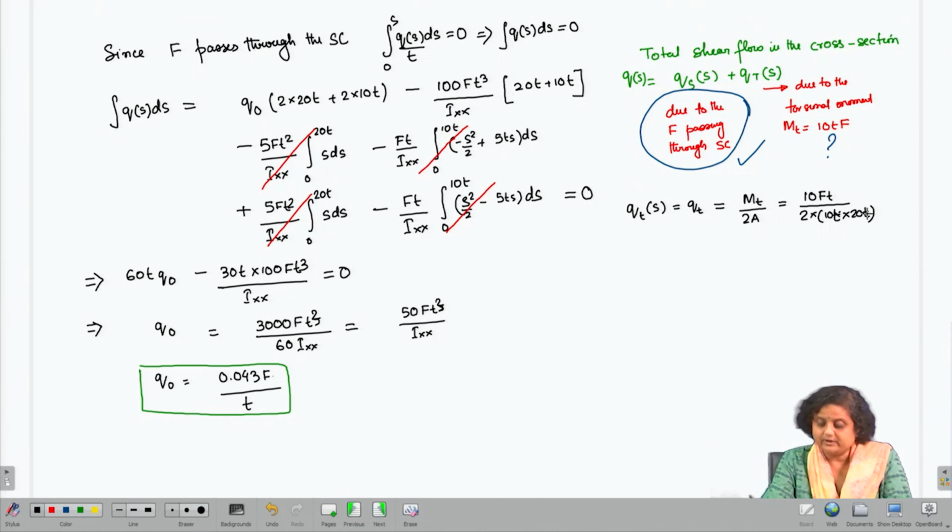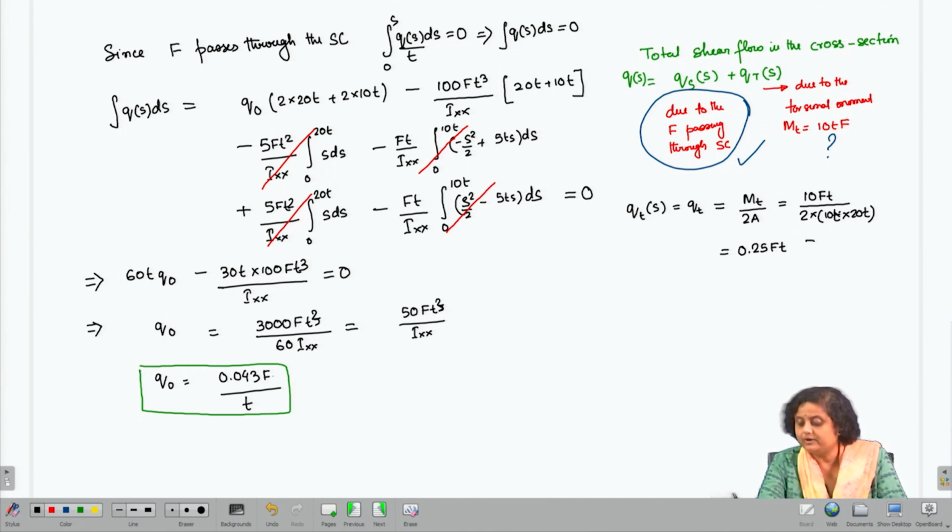This gives us QT to be 0.25 F by T. It is in the direction of the torsional moment applied, so it is going to be in the clockwise direction.